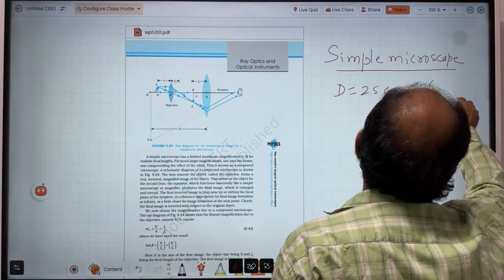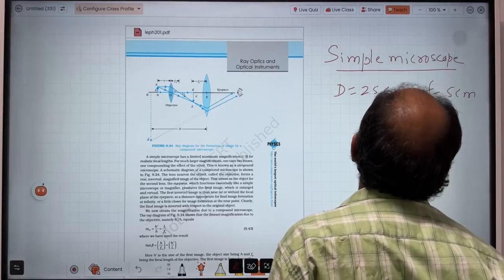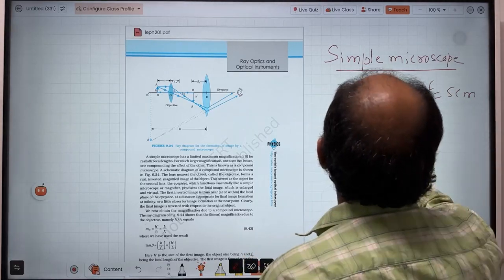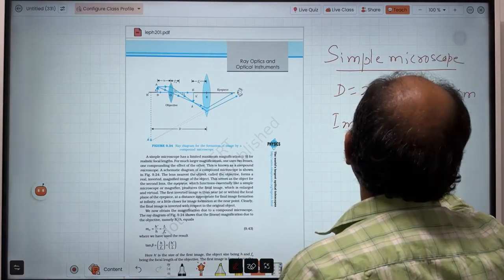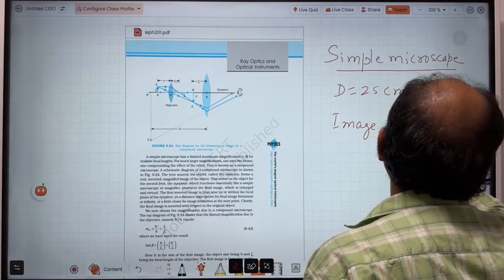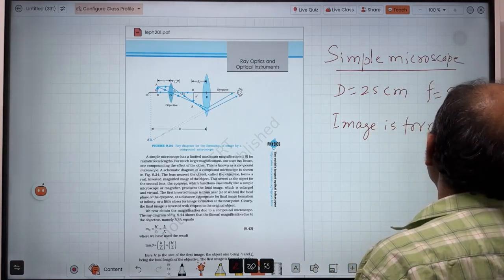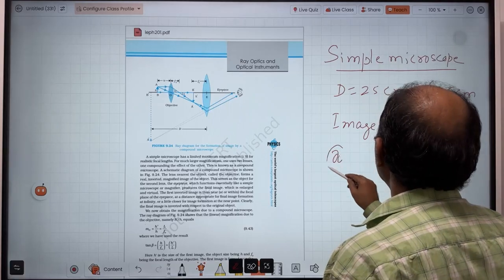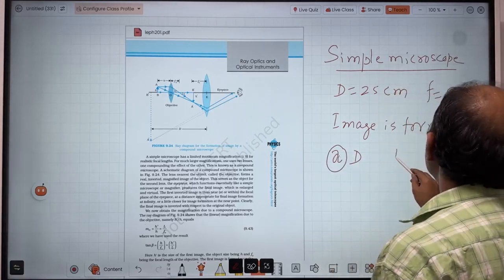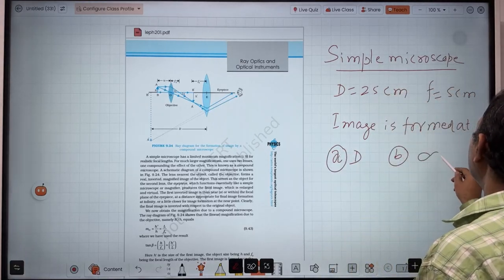Focal length is given as 5 centimeter. And we assume that the image is formed at, in the first case D, in the second case at infinity.